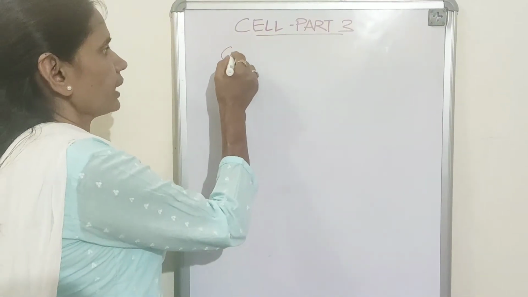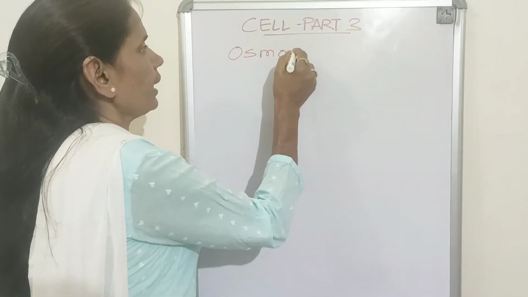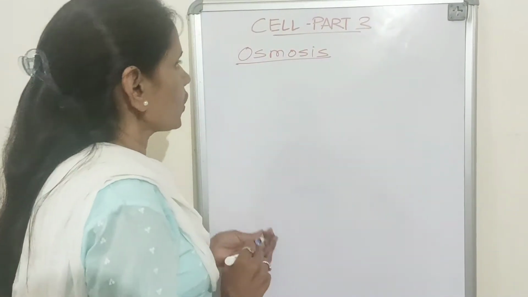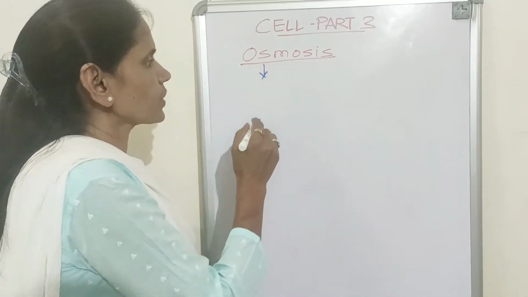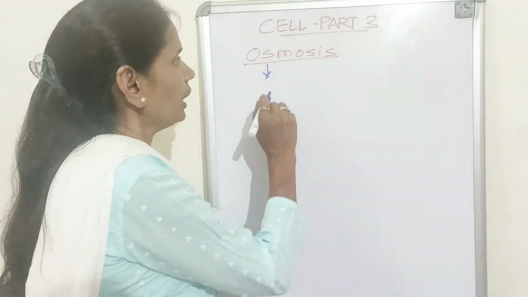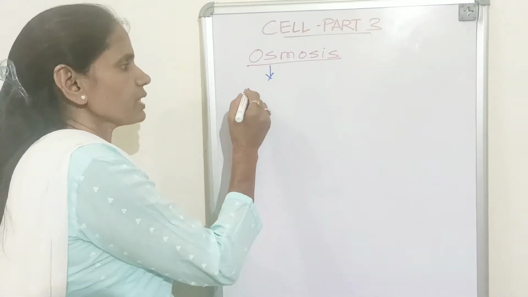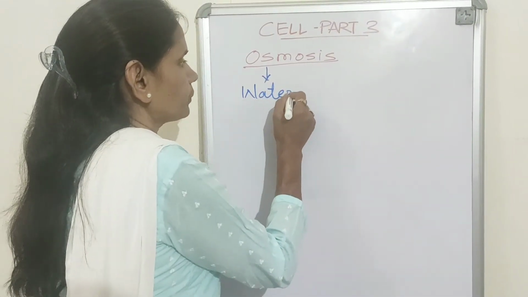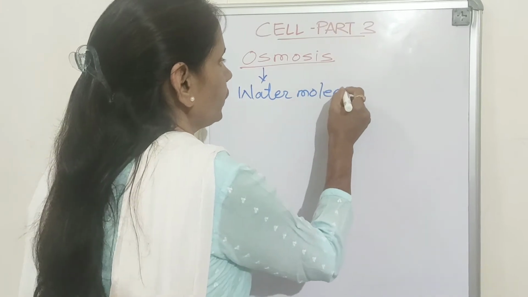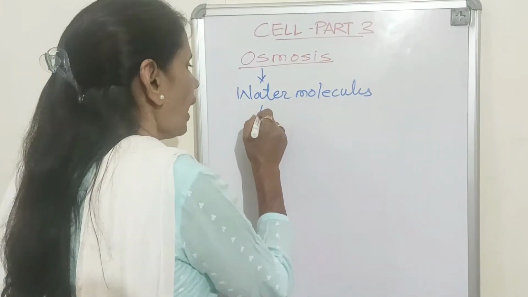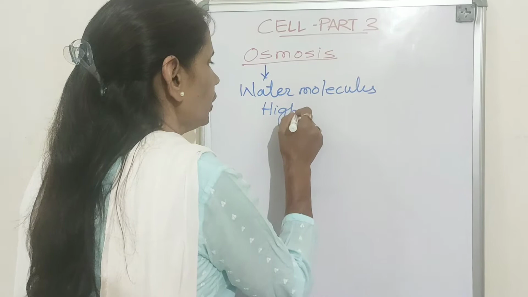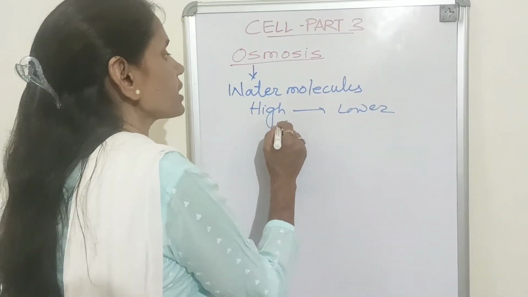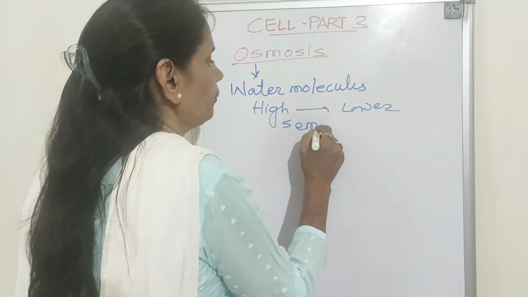Another important activity exerted by the plasma membrane is osmosis. Osmosis is a process similar to diffusion. Now what is osmosis? Osmosis is the movement of water molecules from high water concentration to lower water concentration across a semi-permeable membrane.